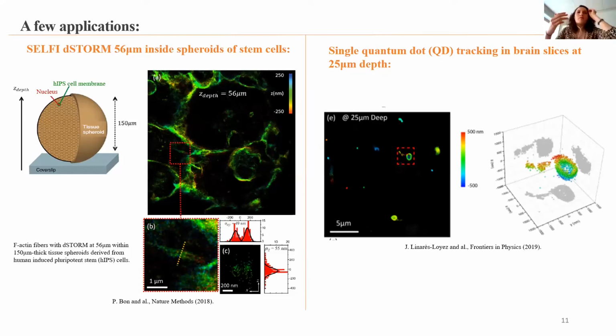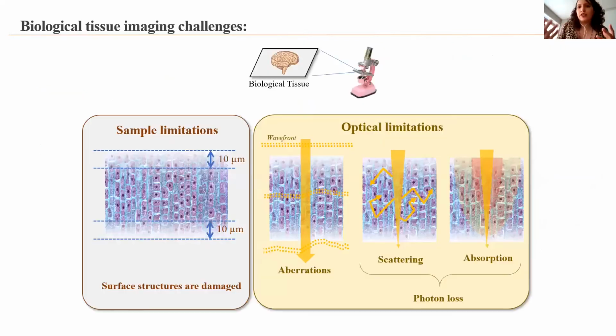However, what happens if we want to go even deeper, like hundreds of microns inside the tissue? Well, in that case, we have to overcome some challenges when imaging biological tissue. First of all, we have the sample limitations, such as, for example, when we make slices of the tissue, we will have some tissue that is damaged in the edges.